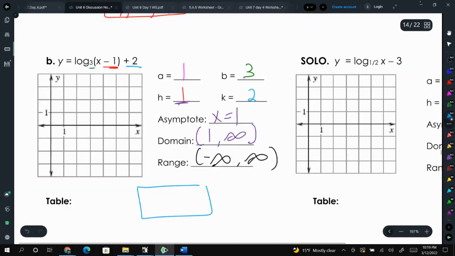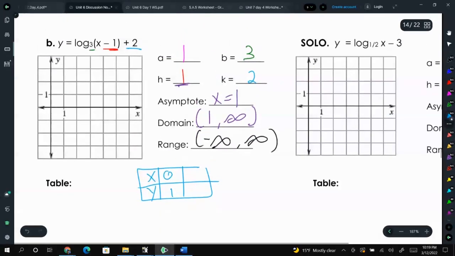Now our table, x, y, we have 0 comma 1 and then base 3 comma 1 comma 0 and 3 comma 1.